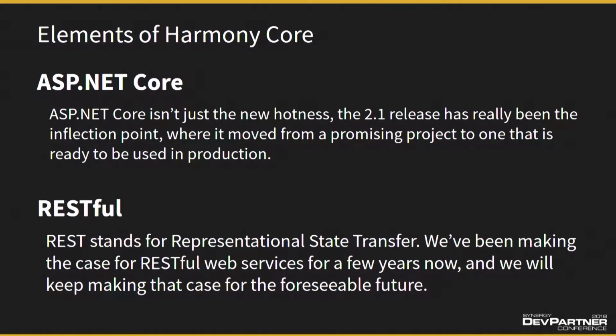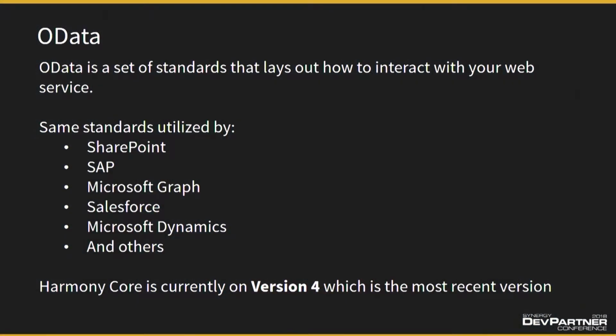REST stands for representational state transfer. And much like you heard yesterday, we've been making the case for RESTful web services for a few years, and there's no end in sight for that case being made. So we are going to keep saying that you should make RESTful web services like this one. We are also built on top of OData. Steve mentioned this as well in the earlier presentation.